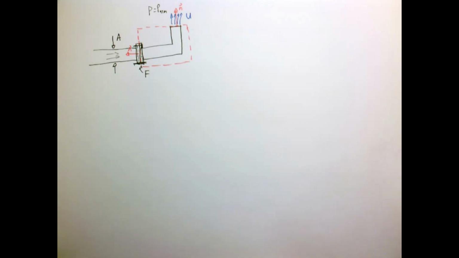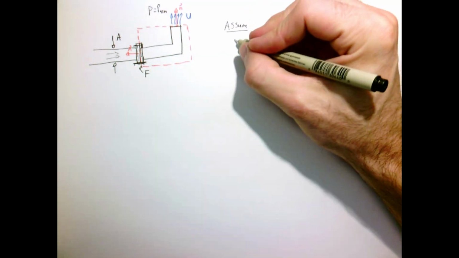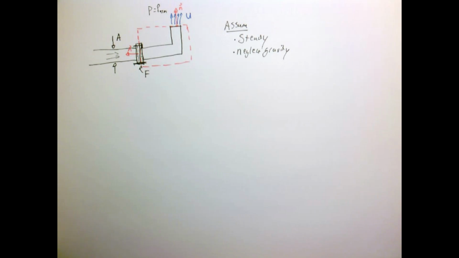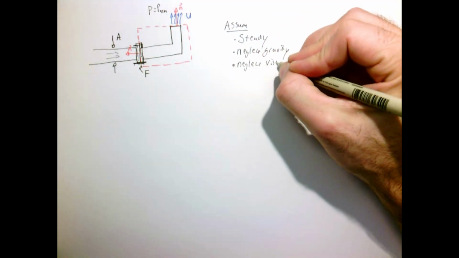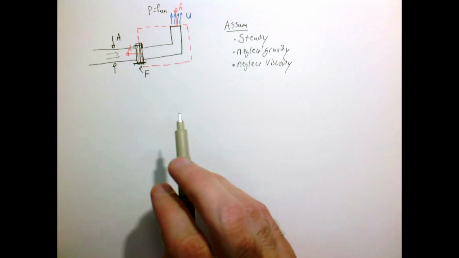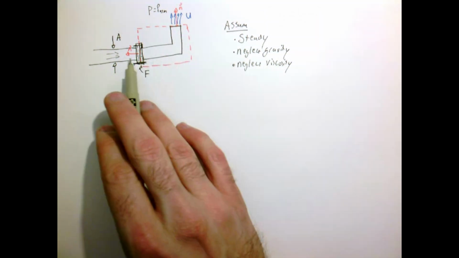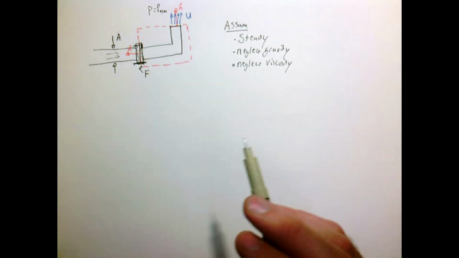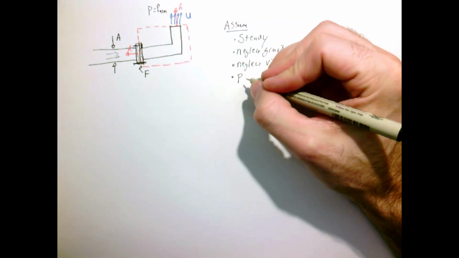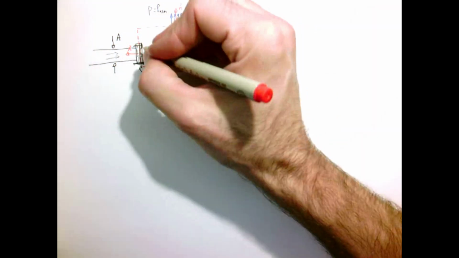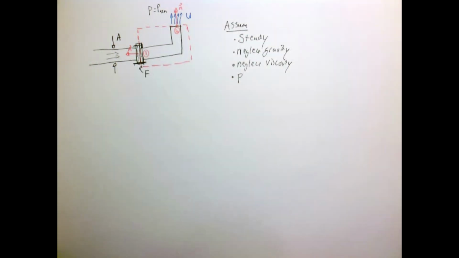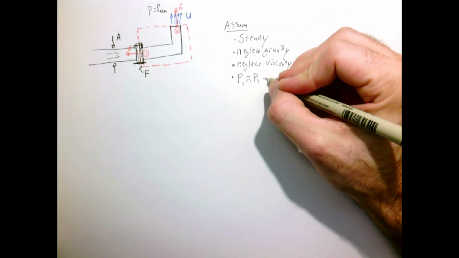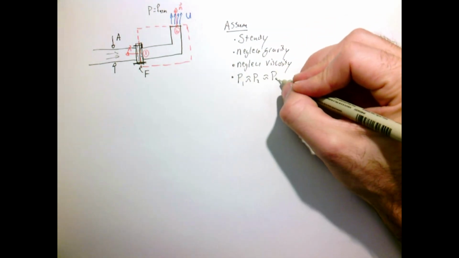And now we need to talk about what our assumptions are. Ignore transients, it's steady. Let's neglect gravity. We're going to neglect viscosity, so we'll assume there are no viscous stresses. So we're just interested in how much momentum there is, but by turning, it wants to pop this little 90-degree bend off. And finally, if we label these surfaces 1 and 2, let's assume that the pressure at 1 is approximately the pressure at 2, which is approximately the pressure of the atmosphere.